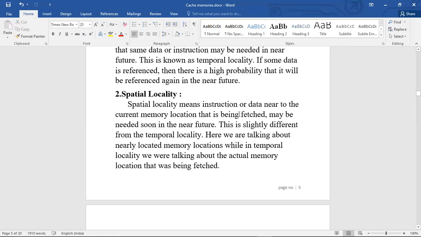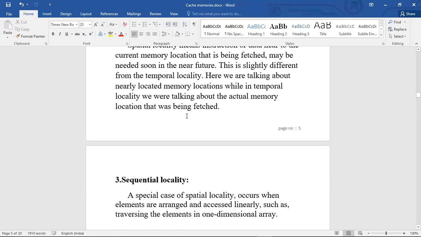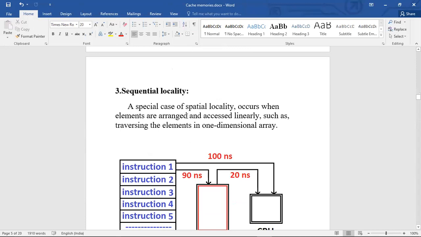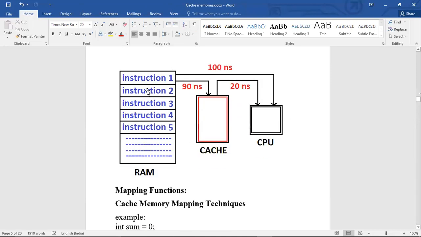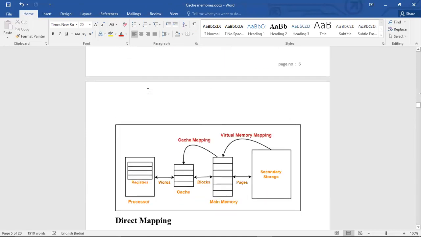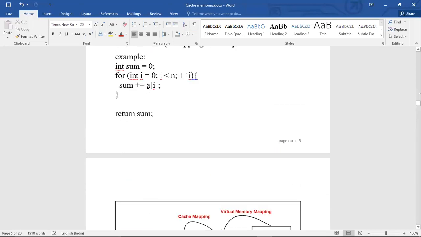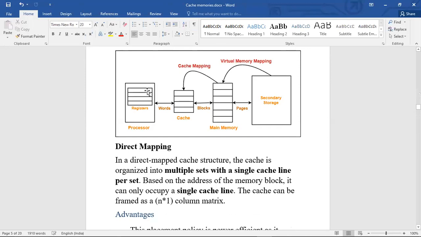Instructions or data near the memory location are fetched. And the third one is sequential locality, used whenever we need to fetch data linearly. These are the three locality references, and then come the mapping techniques: how data is mapped from main memory to cache.